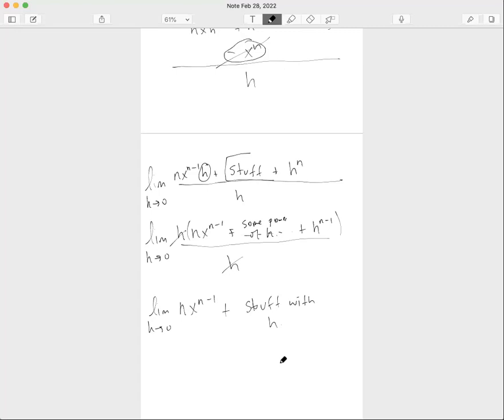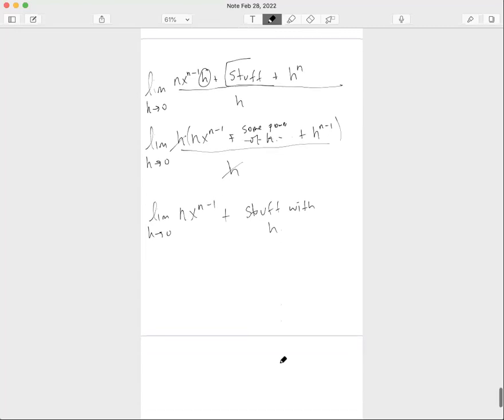Yeah, of course. Well, when n is equal to 1, it's just slope, right? Even then, it would just be 1. So what happens when h goes to 0?